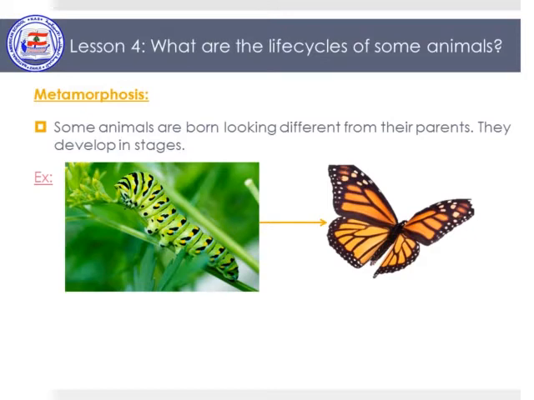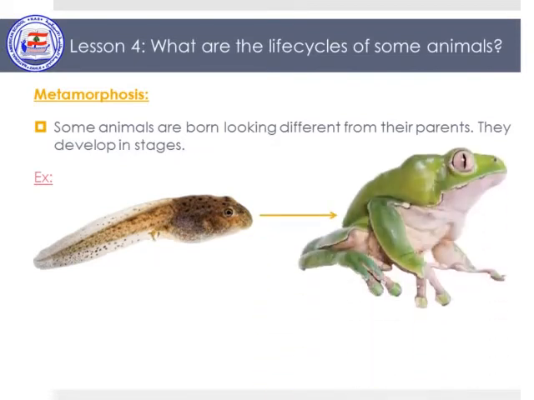When the butterfly hatches from an egg, it looks like a larva, and then the larva grows in stages to look like an adult butterfly. The second example is a frog. When the frog hatches from an egg, it looks like a tadpole, as you can see in the picture in front of you.